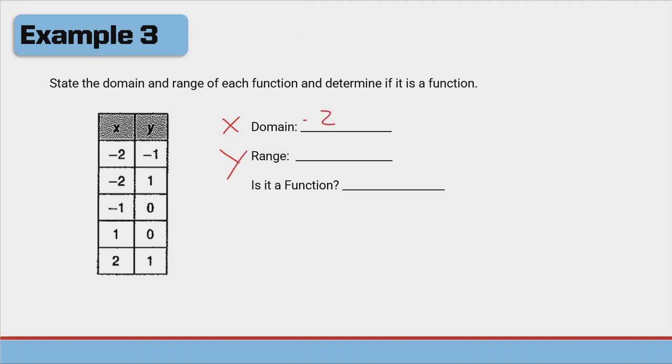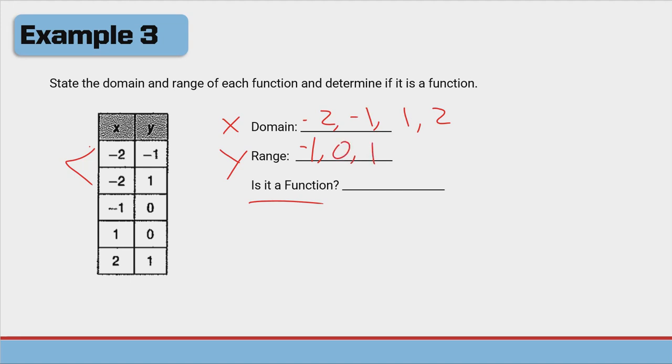I have a -2, another -2. And if you have a repeat in your domains, you need to be paying attention when it comes to checking whether or not it is a function. Okay, I have a -1, a 1, and a 2. My range then would be -1, 0, and 1.